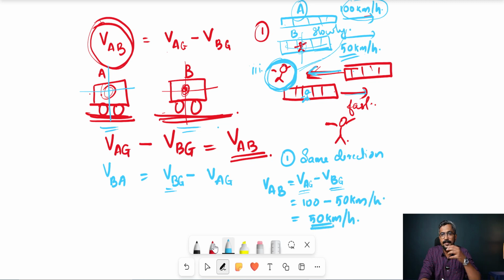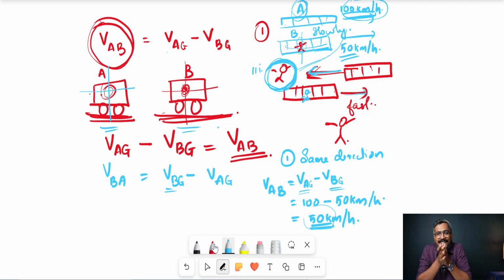Just see that once the trains are moving, the actual velocity of train A when observed from the ground is 100 kilometers per hour. But if I'm sitting in some other moving frame of reference, then I can see the velocity gradually reduce to 50 kilometer per hour.